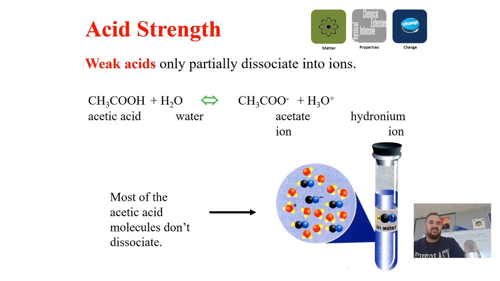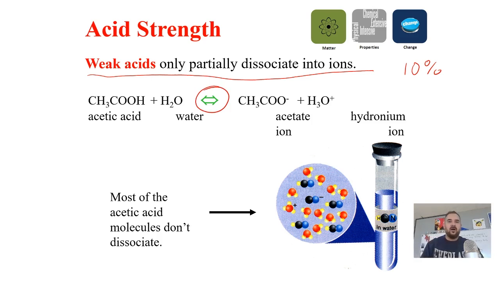Over here with weak acids, you only get partial dissociation, which means about 10% dissociation. Which means over here, you can see that our reaction goes both ways. So a hydrogen is going to detach from the acetic acid, and then it's going to reattach. And then another one detaches, and then another one attaches.